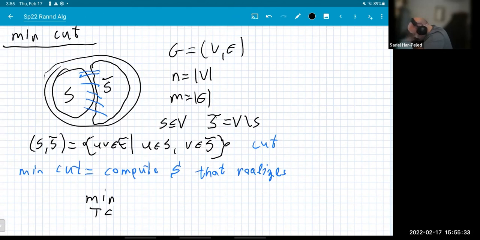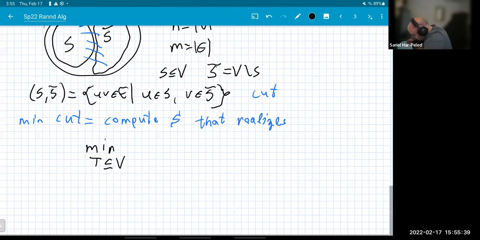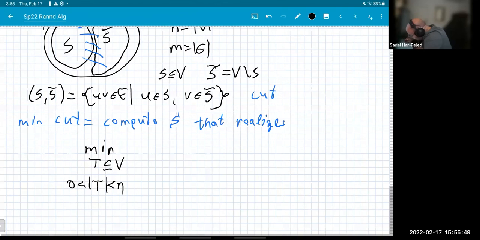T is a subset of the vertices. We don't want the empty set, we don't want all of them, right? So non-trivial subsets. So we are looking for the cut that has the fewest edges across it, right?